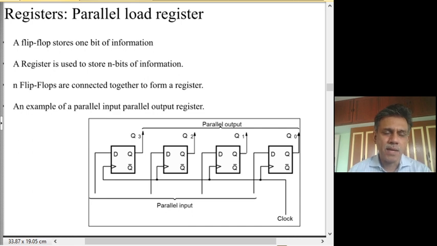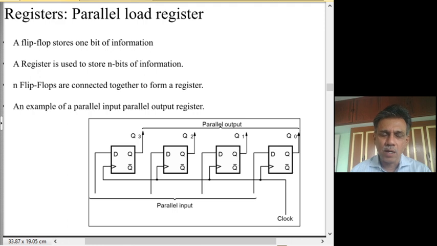So to begin with, the basic unit of storage, of course, is a flip-flop, which is a 1-bit device. Now more often we need binary sequences that represents numbers, numerals or characters, which need more bits. So which means we have to have many flip-flops together to store the various bits in a binary number or in a binary code. So those are what we call as the registers.